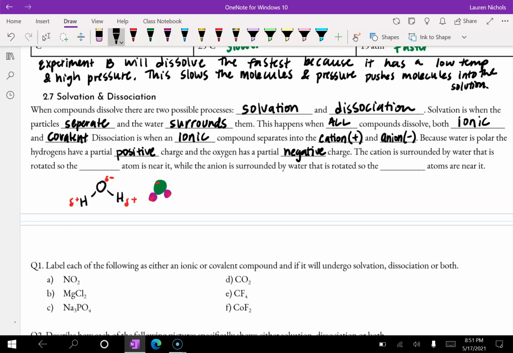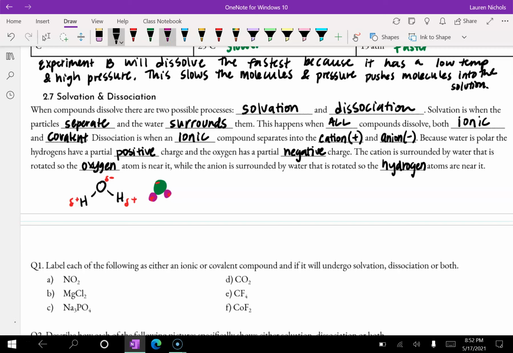The cation is surrounded by water, but because the cation is positive, the water rotates so that the oxygen atom is near it, while the anion is surrounded by water that is rotated so the hydrogen atoms are near it.